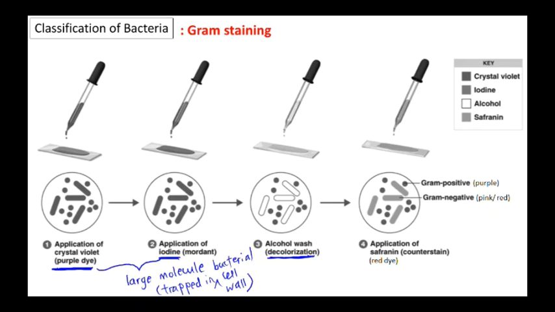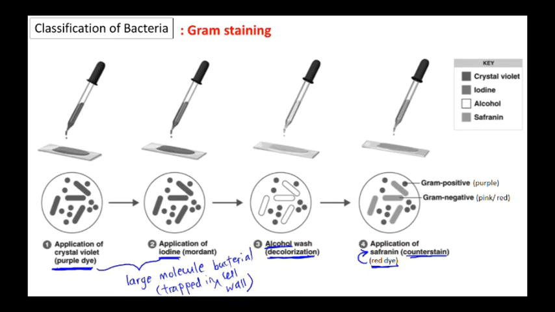Alcohol will wash away this purple dye molecule if the cell wall is thin. But if the cell wall is thick enough to keep the purple dye, then adding alcohol will not wash away the purple dye. And the last one, we have a counterstain, which is a dye of another color, a red dye called safranin.